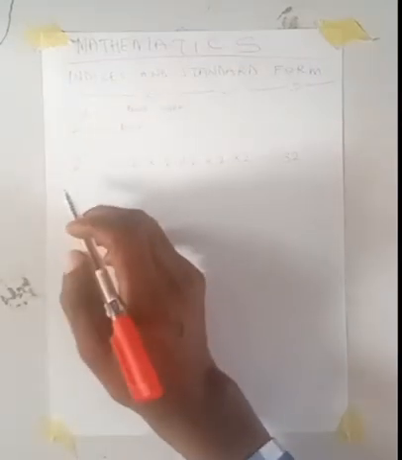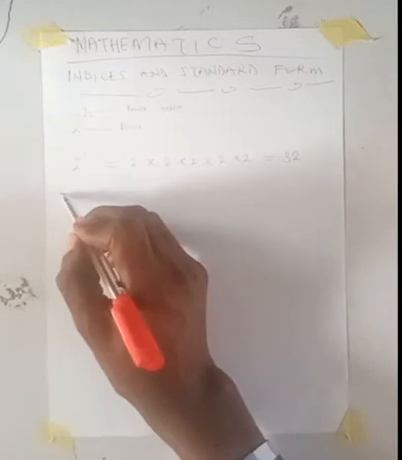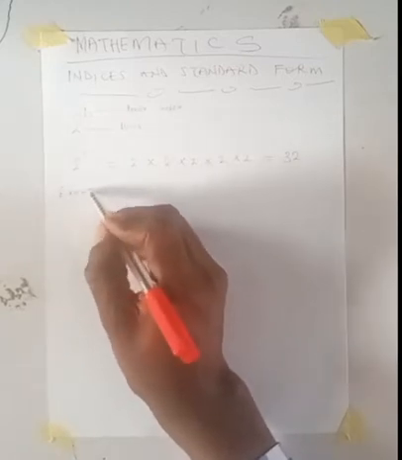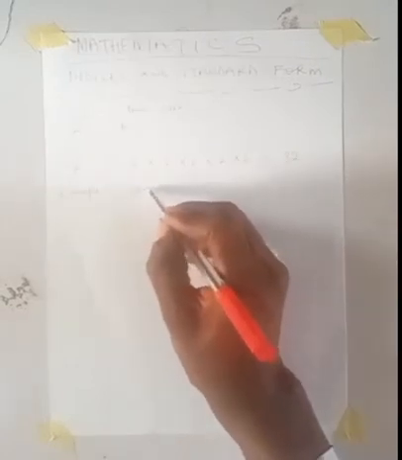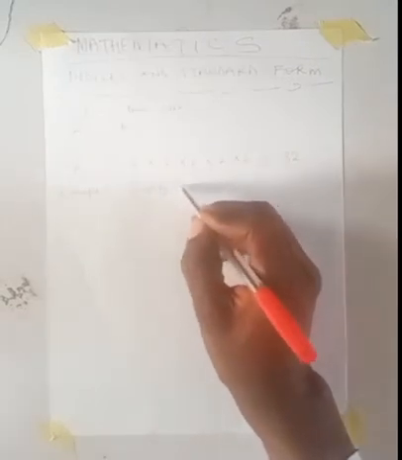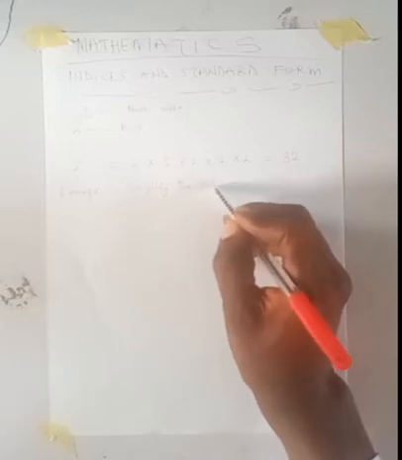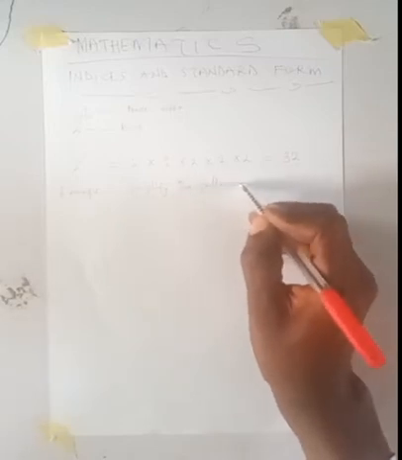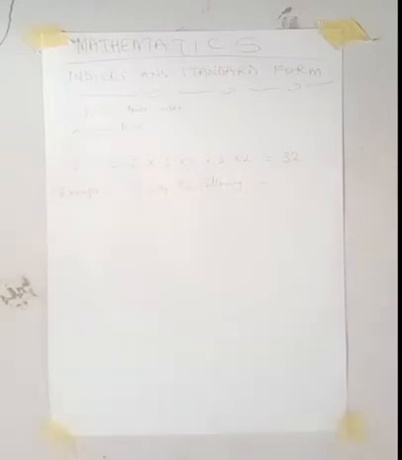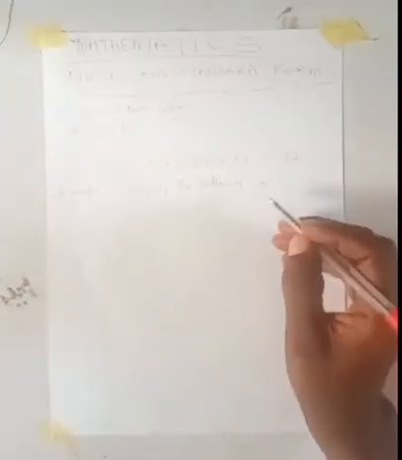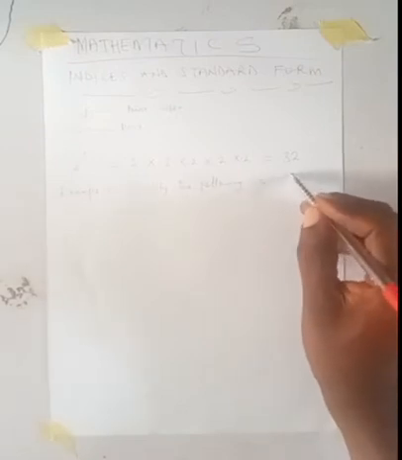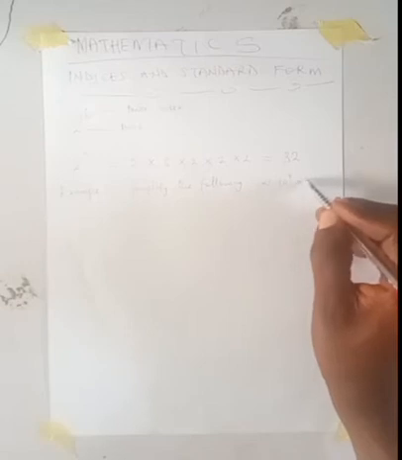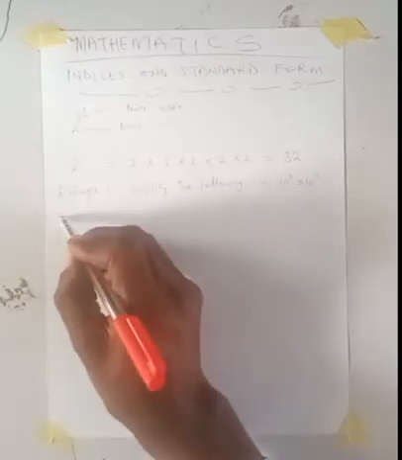So we are now going to take several examples. Example 1. Simplify the following. A: 10 raised to power 4 multiplied by 10 raised to power 2.